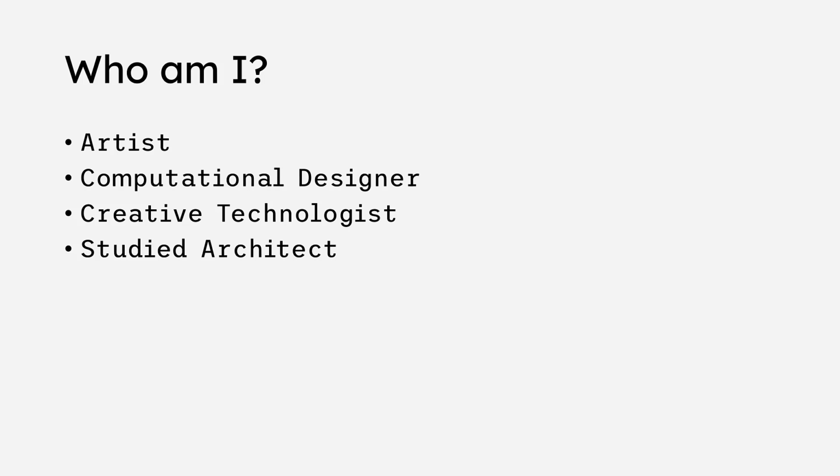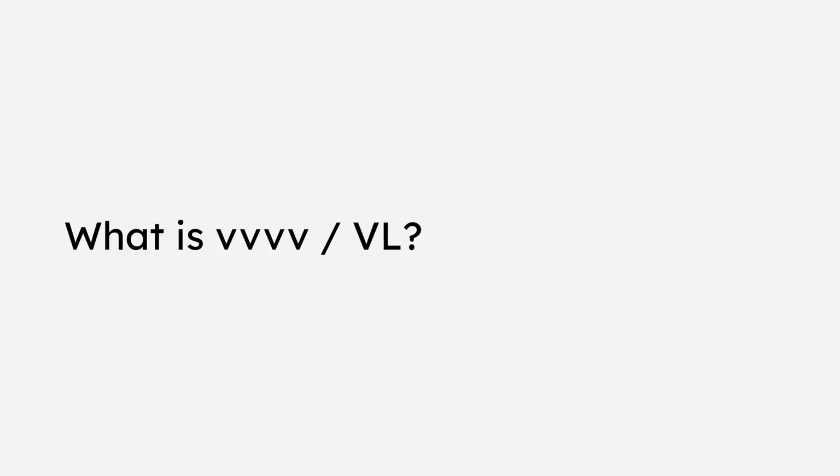So I studied architecture, but decided not to do classic building stuff, but to enhance my knowledge about programming and so on. I want to show a few projects later, but first, what is VVVV or VL? It's also called, there are a few names outside V4. Pedro already said as well, because constantly saying VVVV is a bit annoying.